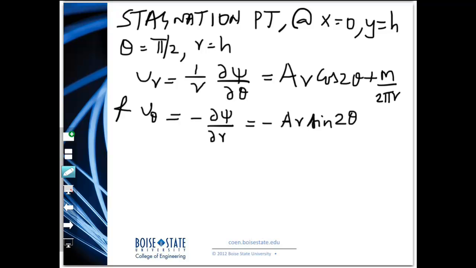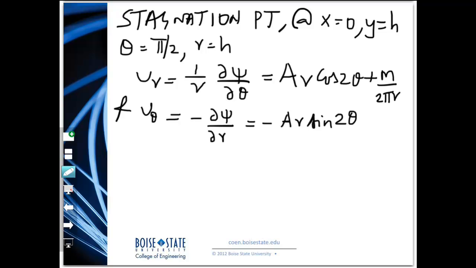Now at this stagnation point where theta is pi over 2 and r equals h, Vr should be 0 and V theta should be 0 because the velocity itself is 0, so both components should also be 0. You see that automatically this equation satisfies that V theta is 0 because sine 180 is 0.